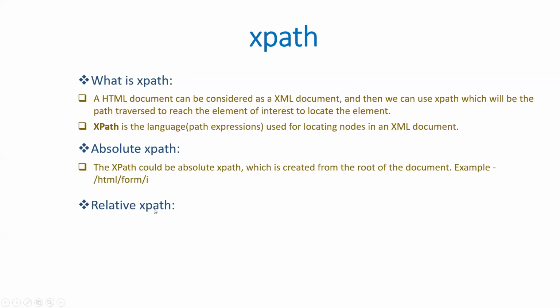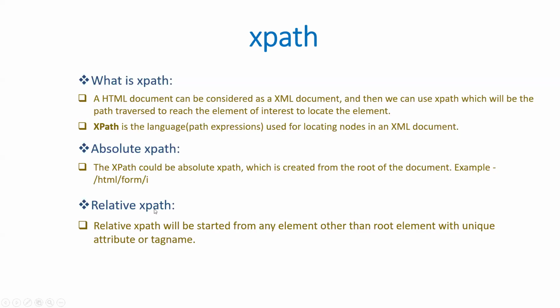Okay, guys. Relative XPath will be defined starting from any other element other than the root element. If you define XPath starting from some element with some unique attribute or a unique tag name, starting from that element, we define the XPath. So not from the root element. That is called relative XPath. So relative XPath always begins with a double slash.